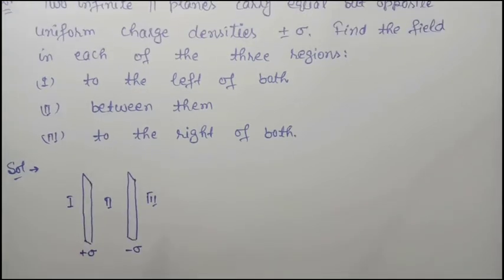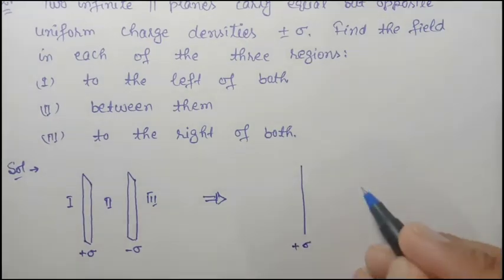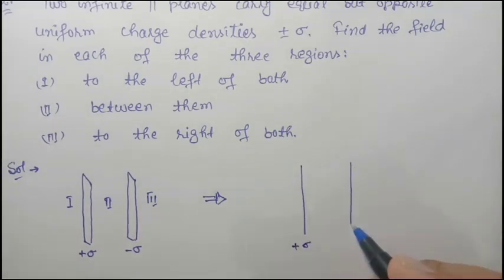So the first point here is we will discuss the direction of the electric field. Then here we have one equivalent diagram. Suppose this is plus sigma, and here we have minus sigma.